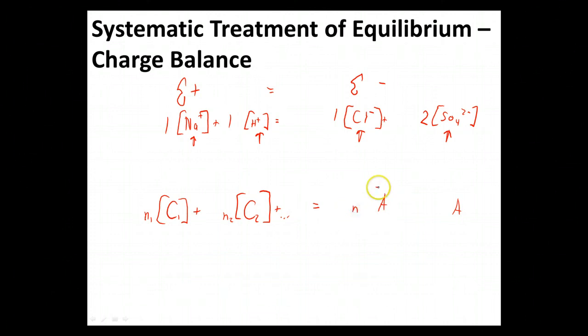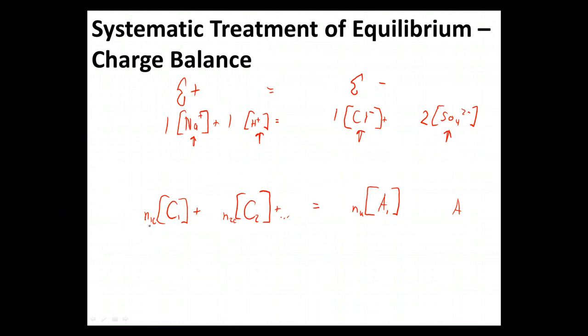The charge goes in front, anion number 1, and we should probably have an extra subscript there to specify that it's an anion. So 1A, we'll call these 2C, 1C.